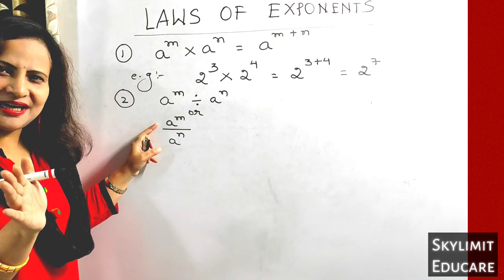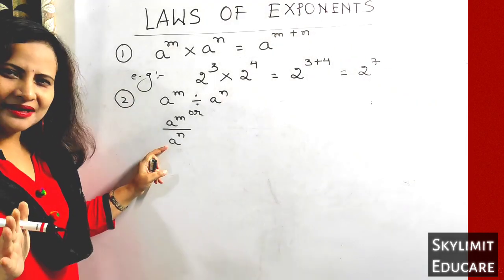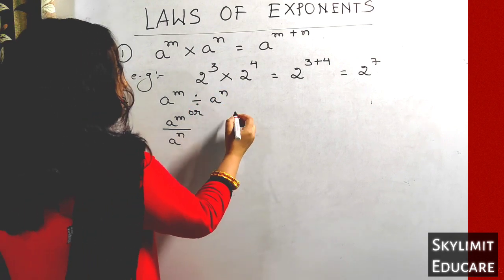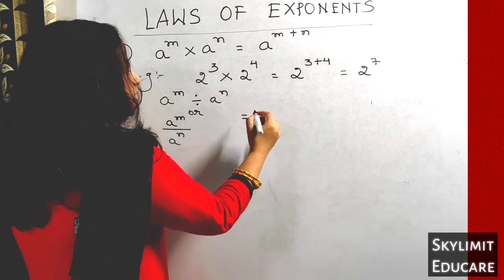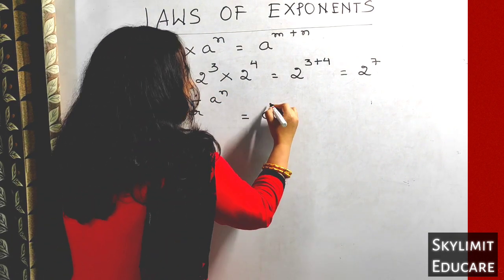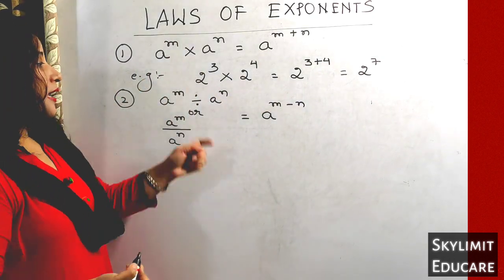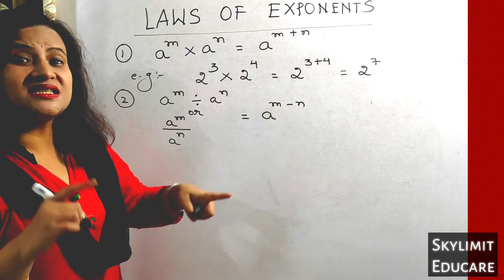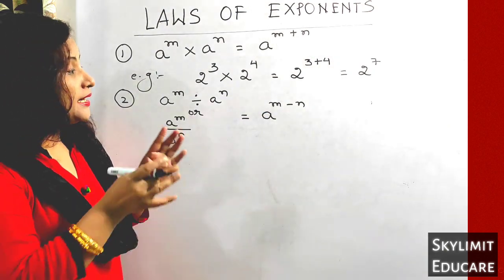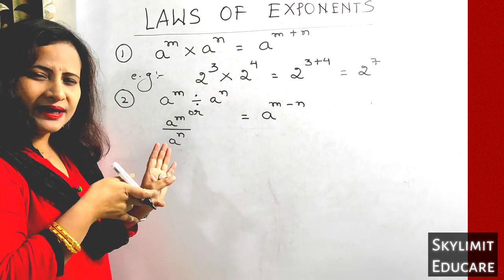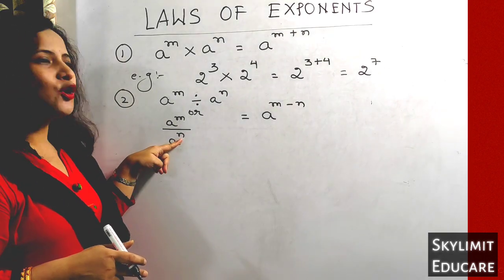Numerator is the dividend, denominator is the divisor. So when you have a format like this, you have to subtract the powers, m minus n. That means dividend's power minus divisor's power, or numerator's power minus denominator's power.